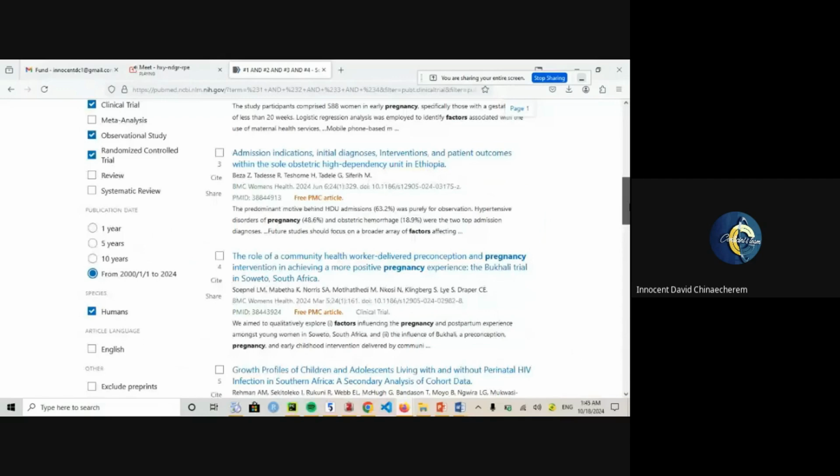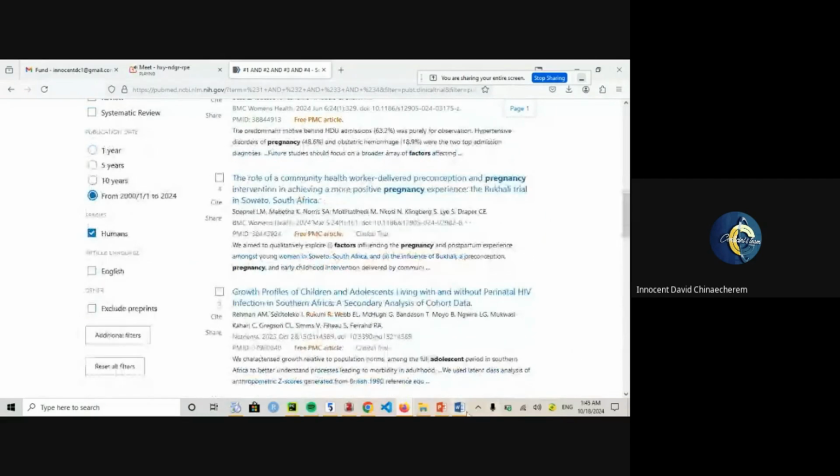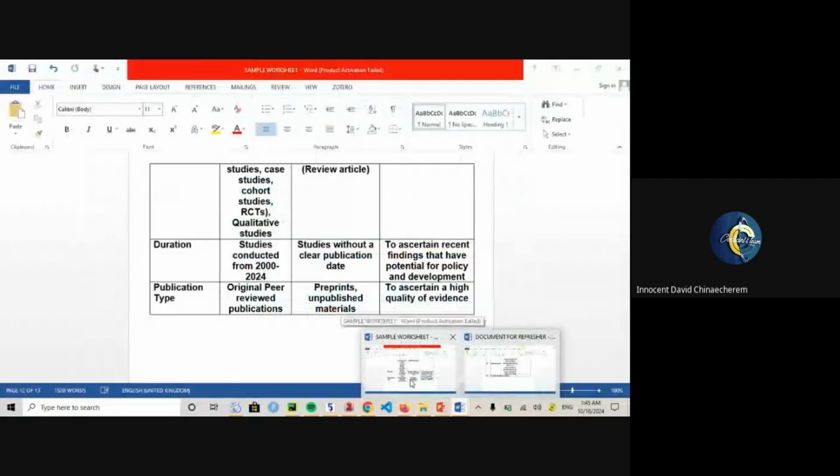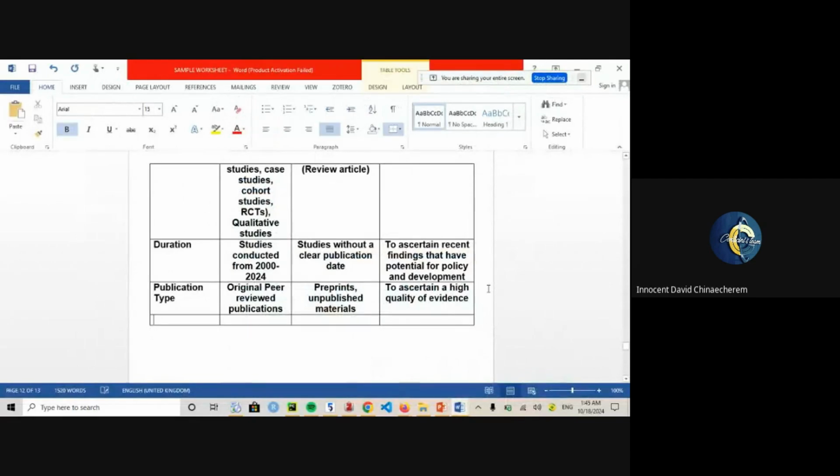Now, is there anything we're missing out? We're only interested in English, because if you look at this part of it, yeah, we have added that language specification: studies published in English.